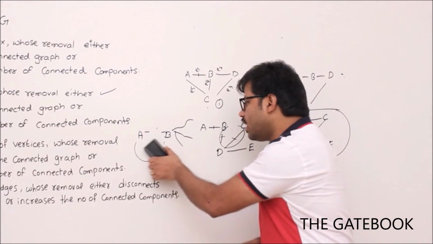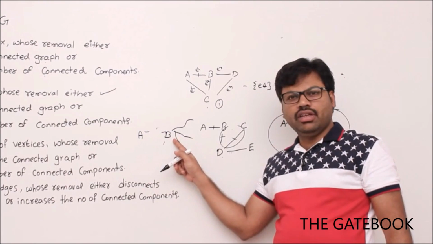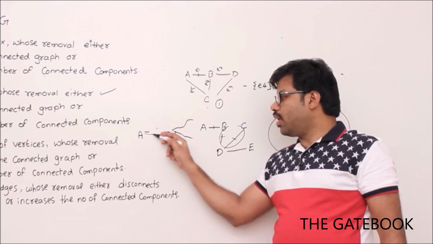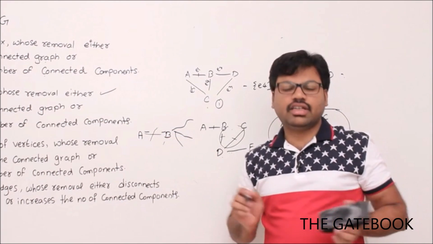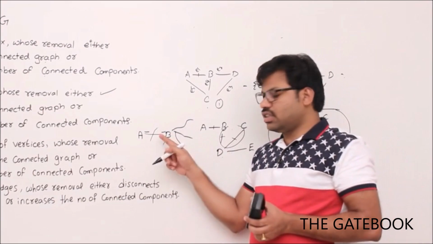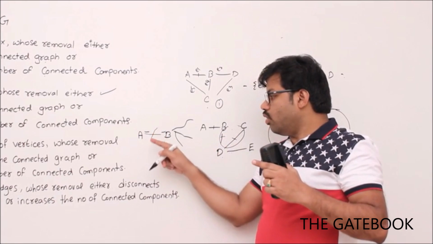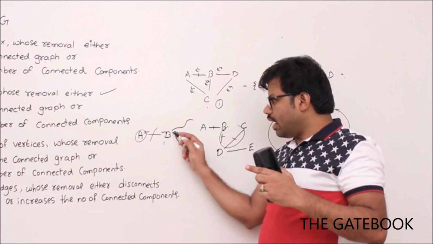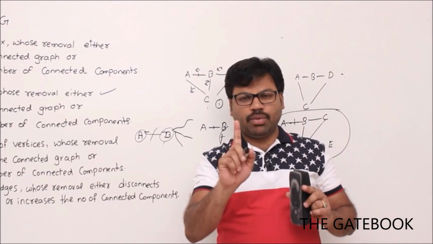If there is no cycle, then definitely there is no alternative path between A and B. There was only one path and you disconnected it, so the graph will be disconnected. That's why whenever an edge is not on a cycle, the two ends of that edge, A comma B, will have exactly one path.